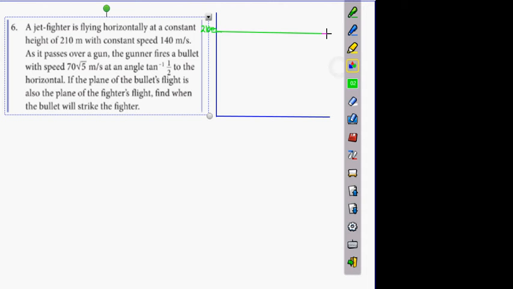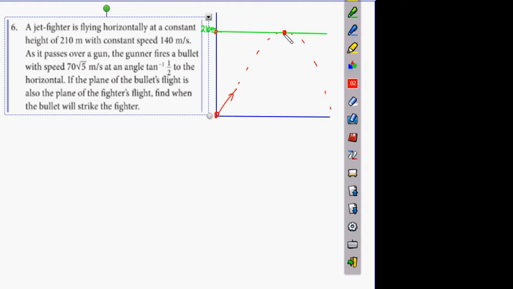And the bullet is getting fired upwards extremely fast, and we're thinking that if they both start at the same point, maybe the bullet will hit the plane once, or what could be scenario B? It could potentially cross it twice.